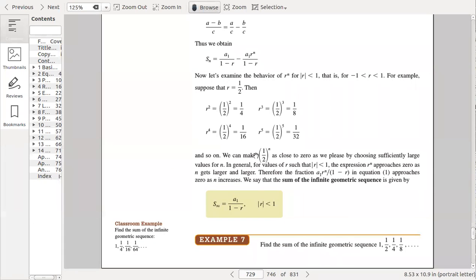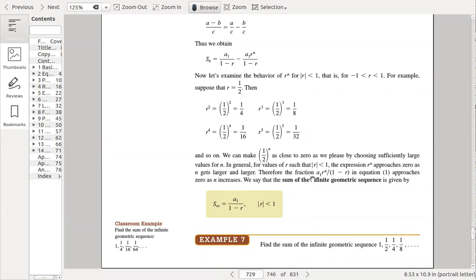We can make 1 by 2 power n as close to 0 as we please by choosing sufficiently large values of n. In general, for r such that absolute value of r is less than 1, the expression r power n approaches 0 as n gets larger and larger.